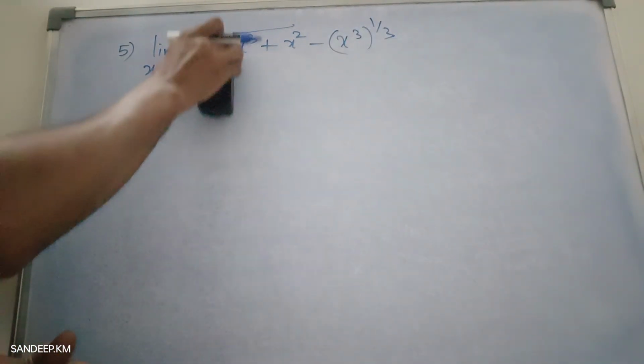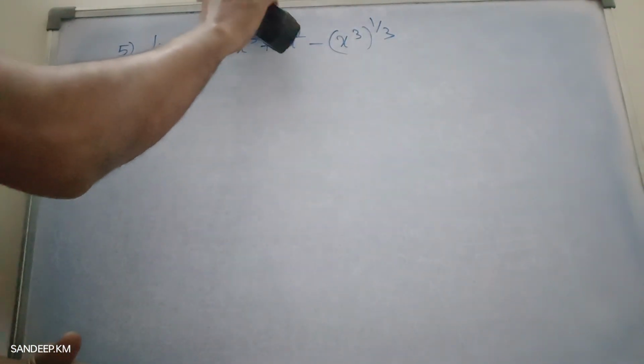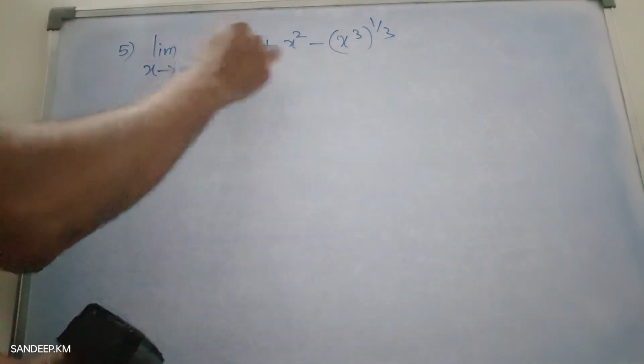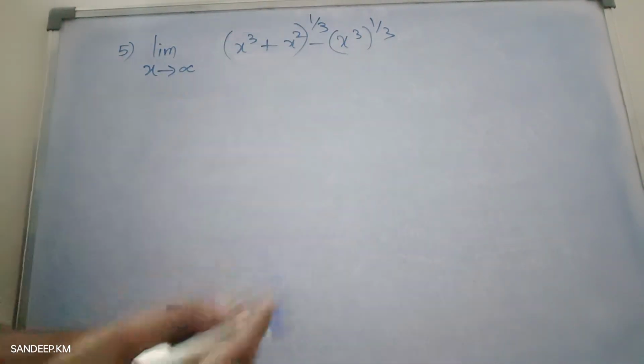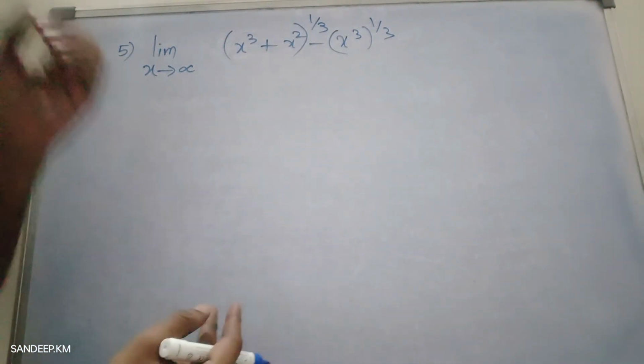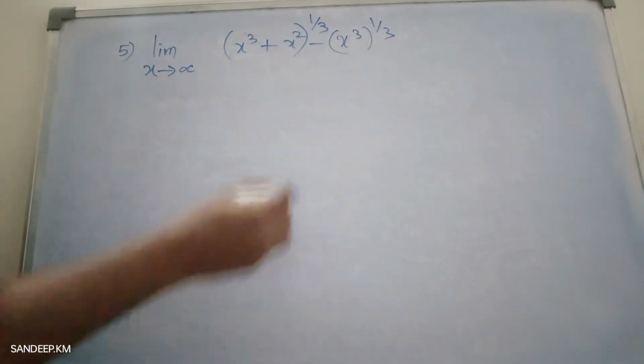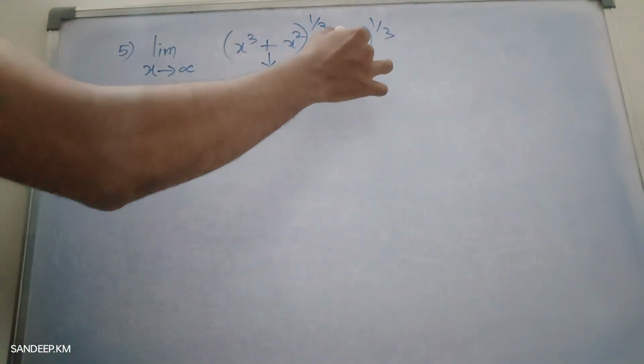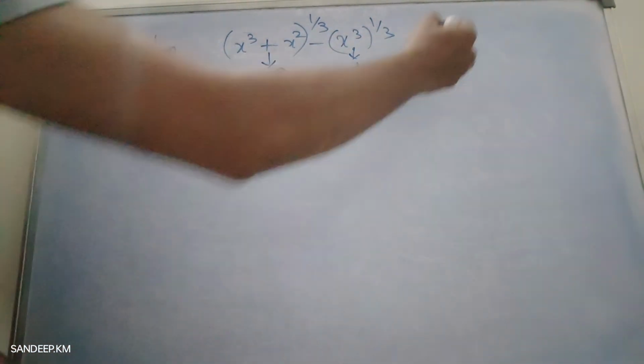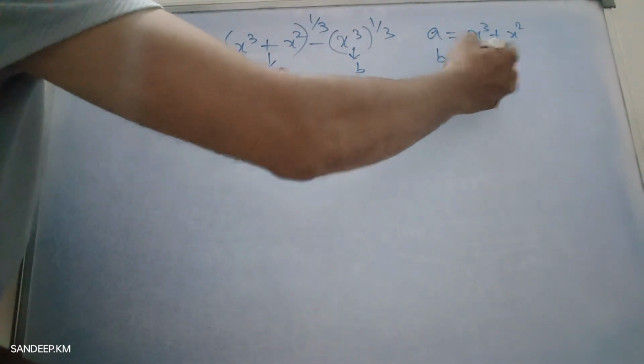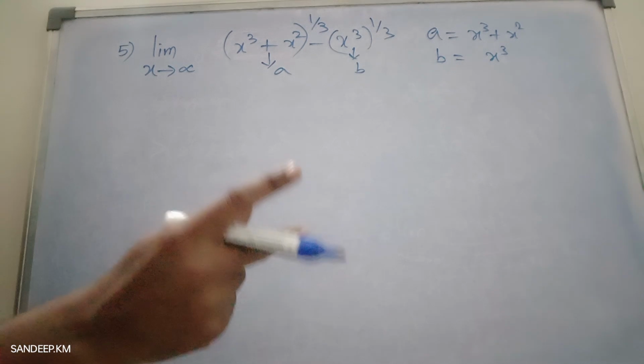And instead of cube root, let me write it as power 1 by 3, just for 2 steps. Just for some time let us assume that this is a and this is b. So a means x cube plus x square, and b means x cube.